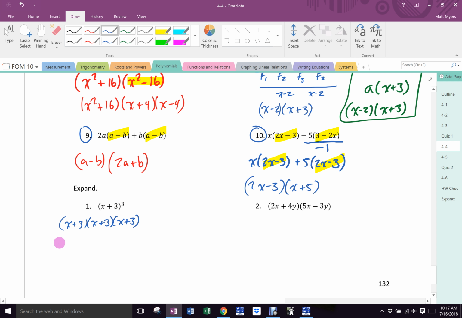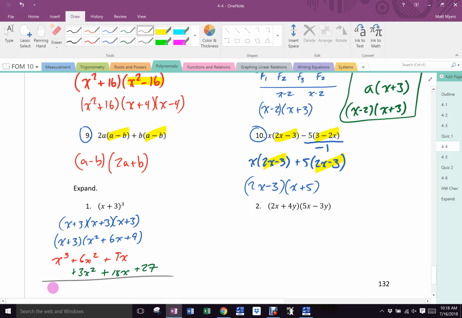I like to do the second set first. I can do the shortcut, x squared plus 6x plus 9. Then I got to run this. X cubed plus 6x squared plus 9x plus 3x squared plus 18x plus 27.